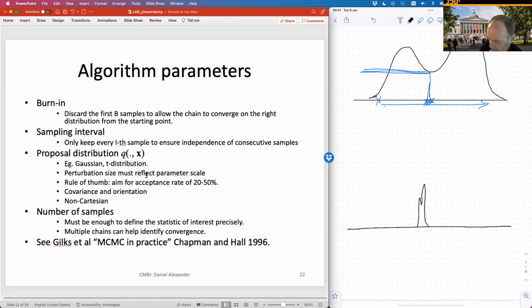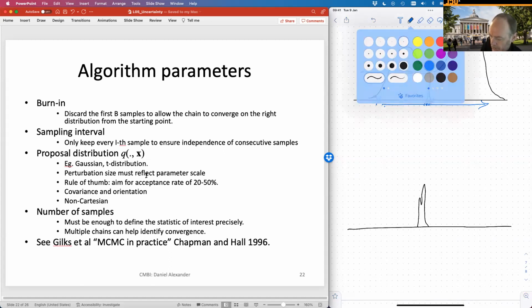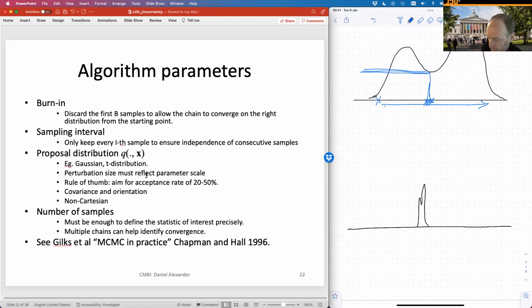There's our posterior distribution. Let's suppose we now use a very broad proposal distribution, something like that. Now what happens? Let's suppose we start here, x0. Are we likely to land in the active part of the posterior distribution with our first perturbation?